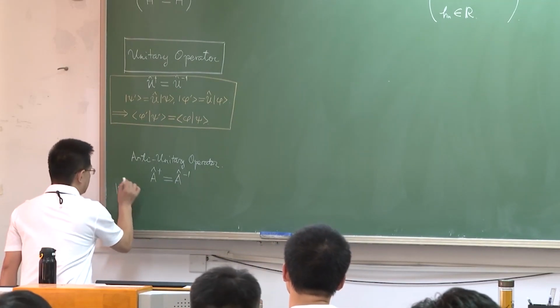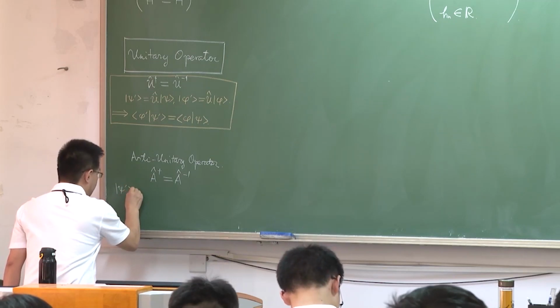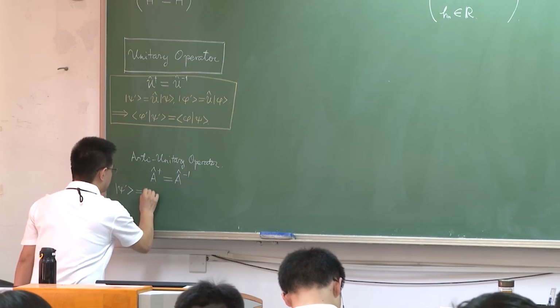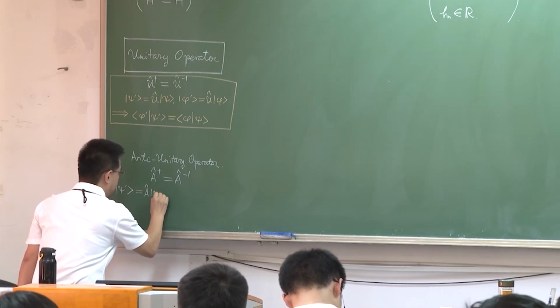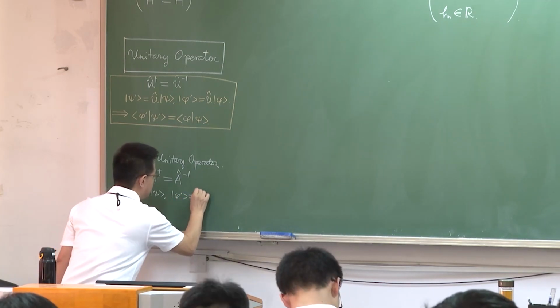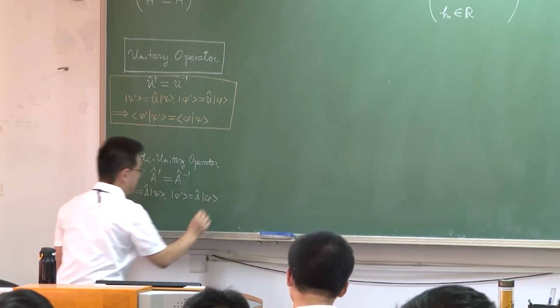We also have the transformations made by A: psi prime is equal to A psi, and phi prime is equal to A phi.